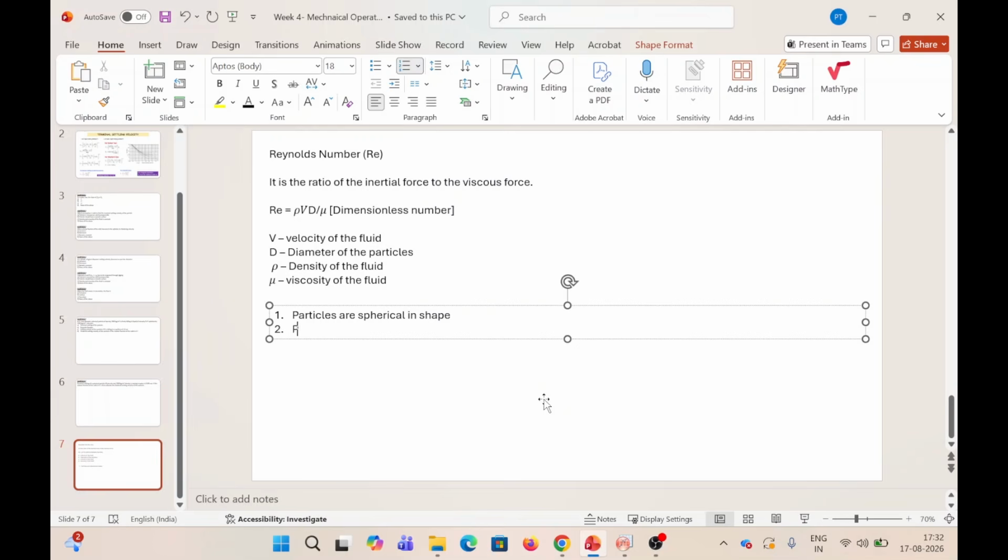Second is the particles are going to be non-porous, which means they are not actually going to absorb the liquid in which they are suspended, and are incompressible.